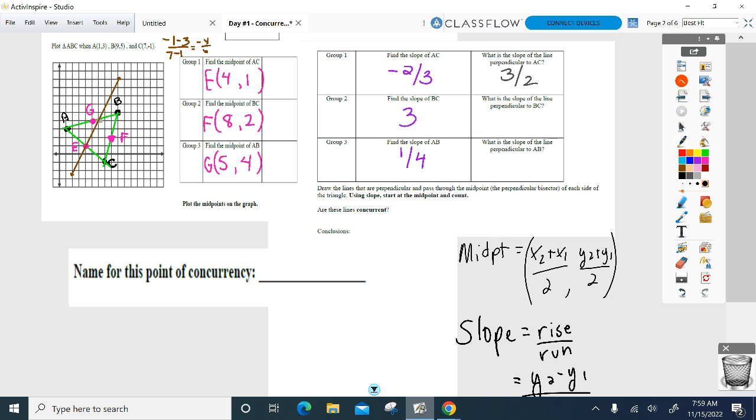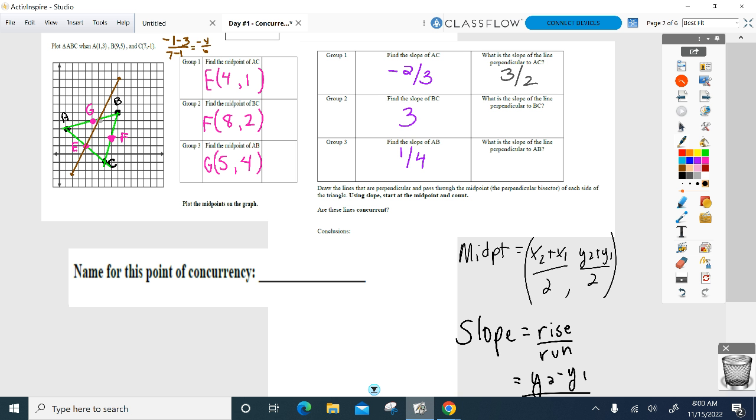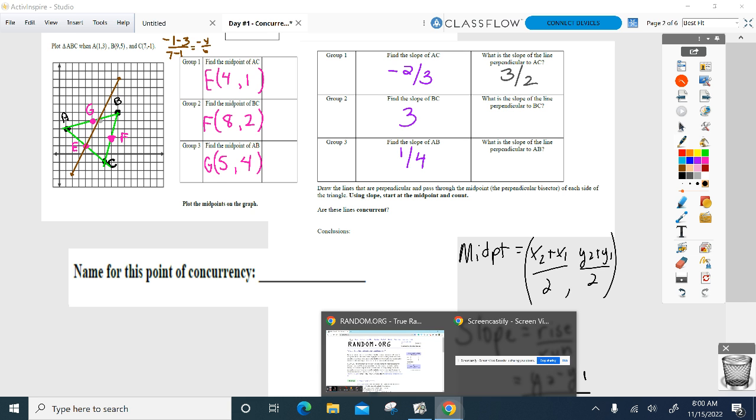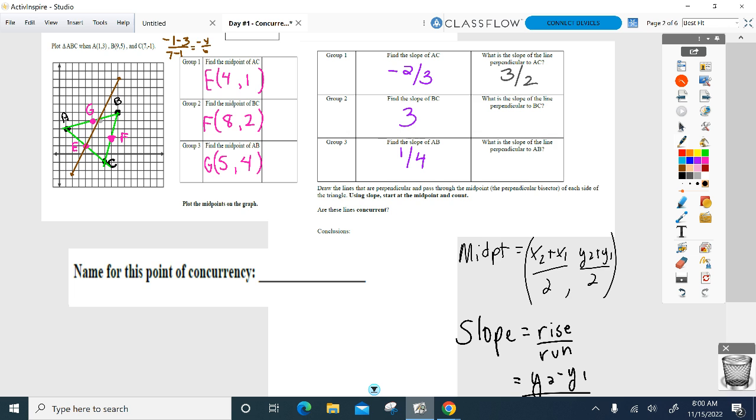Can we have a name for this? Anna, go ahead. It's a bisector and it's perpendicular. Put them together. I'm just asking you to put the two vocabulary terms together.